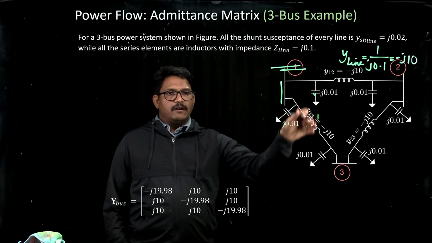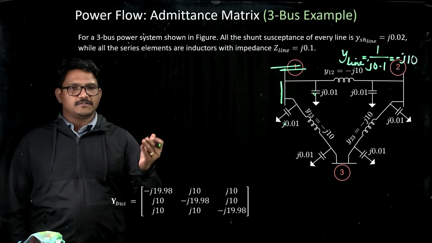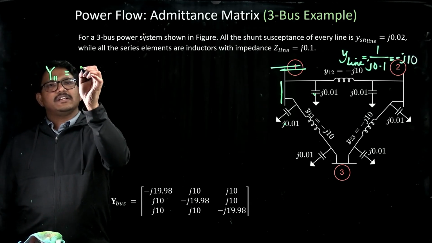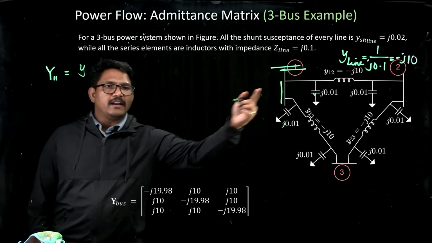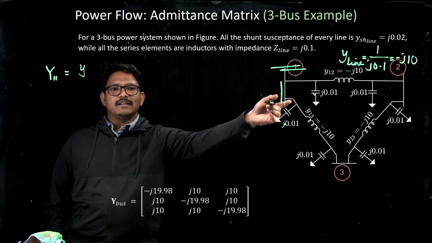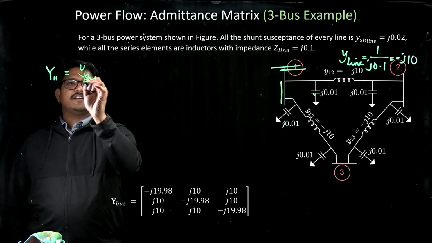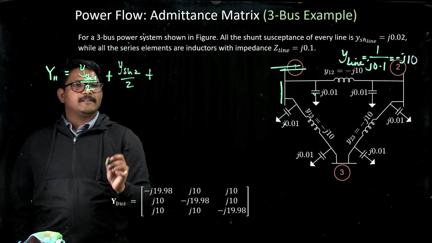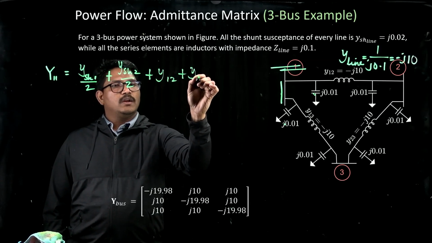Now after representing all the admittances in the network, you can form or calculate your admittance bus matrix. For the diagonal element, let's say you want Y11, it is the sum of the Y shunt elements that you have there. You can find the equivalent of those two j0.01s at bus number 1, or else you can add the values of YSH for the first line half and YSH for the second line half, plus the values of Y12 and Y13.